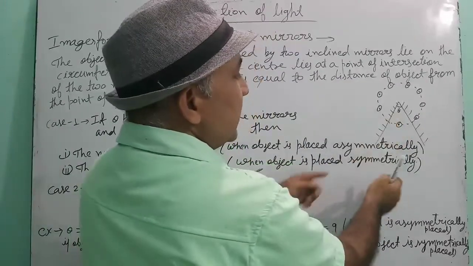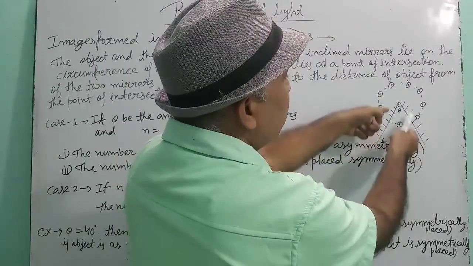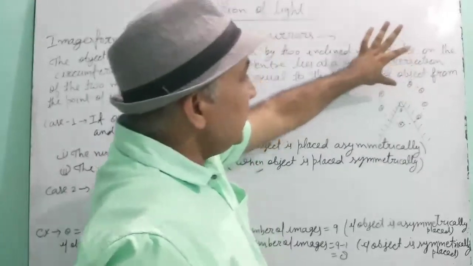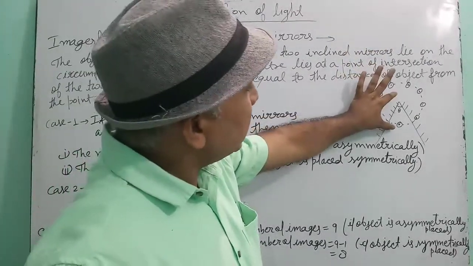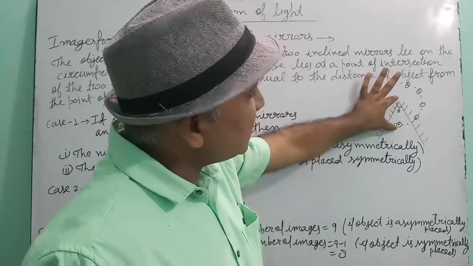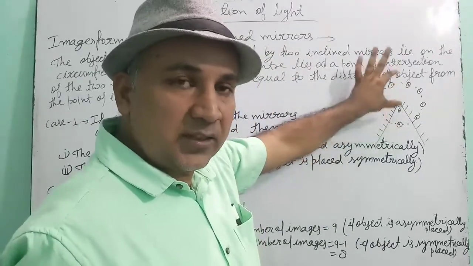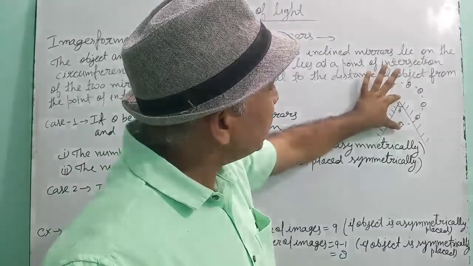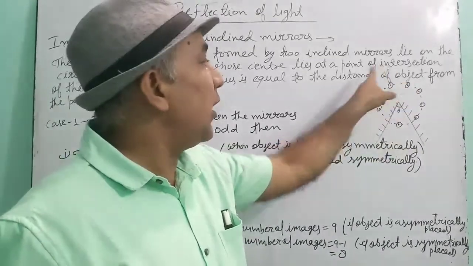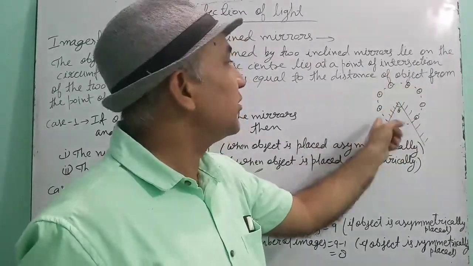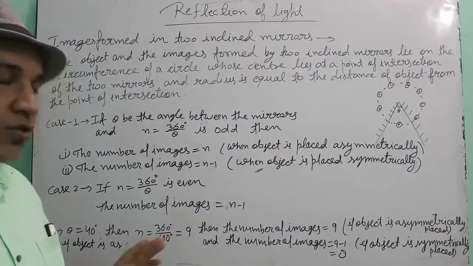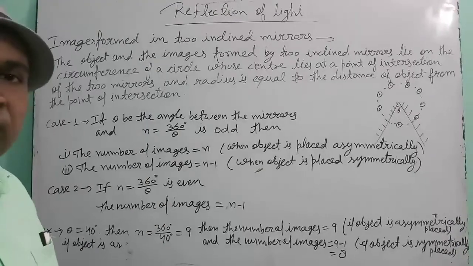The center of the circle will be the point where both the mirrors join together, and the radius of the circle will be the distance between the object and the intersection point of the mirrors. Understood?